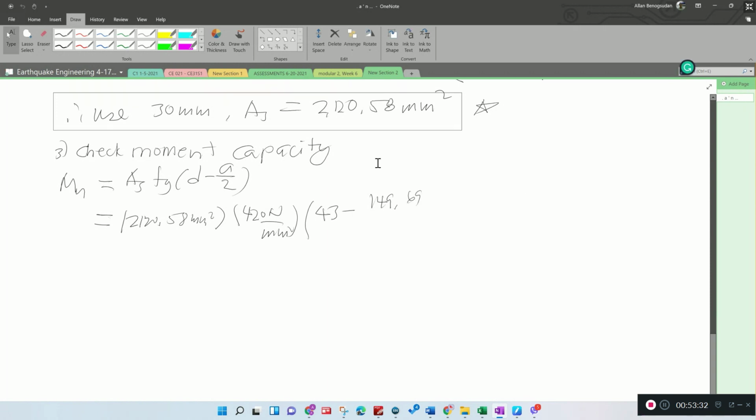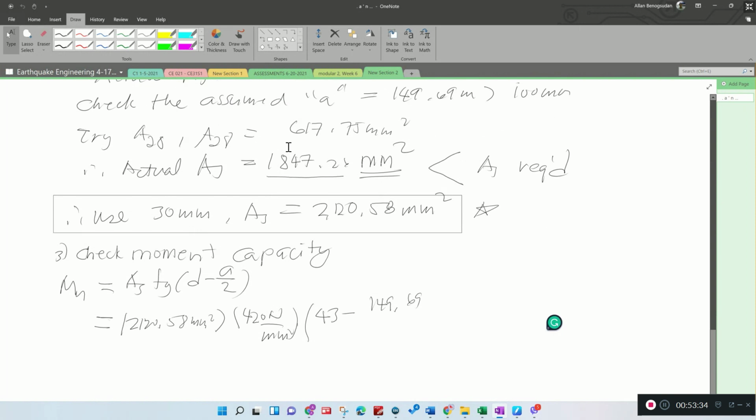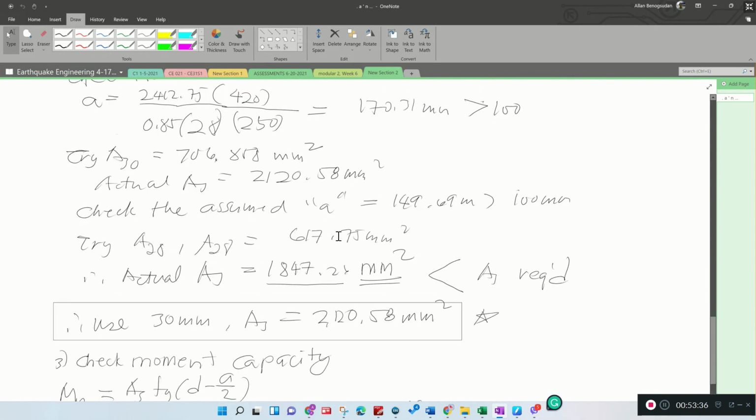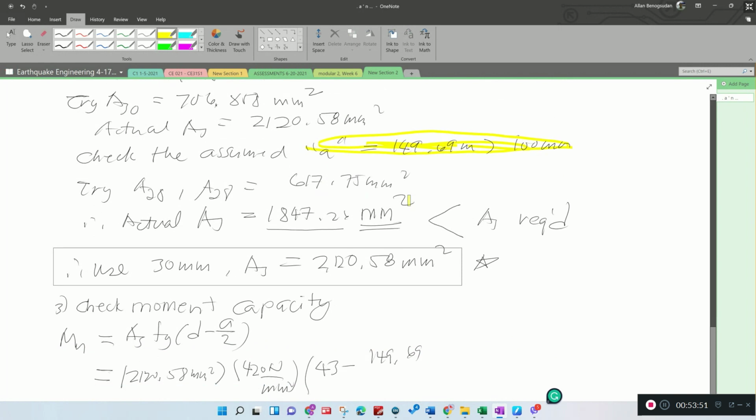That is when you use 30 mm, is that correct? Here. That is when you use it, divided by 2, times 10 to the negative 6.